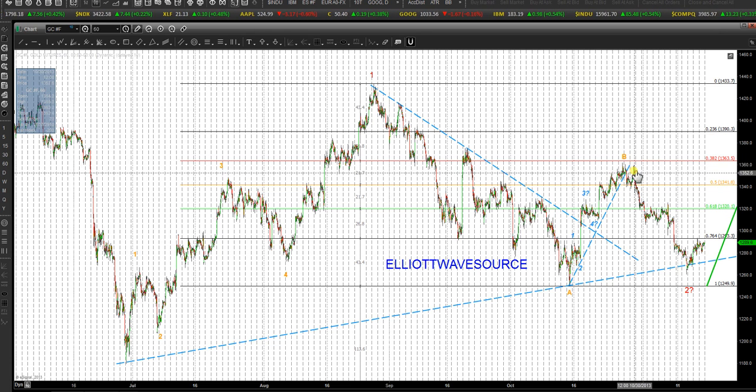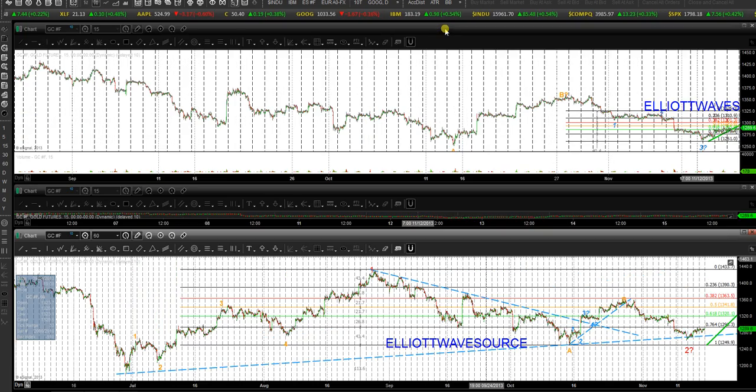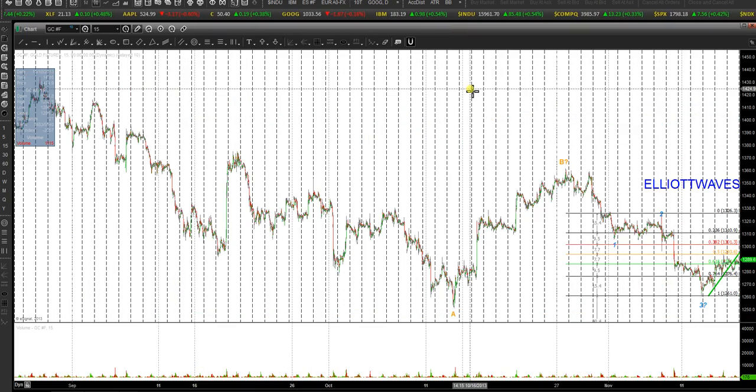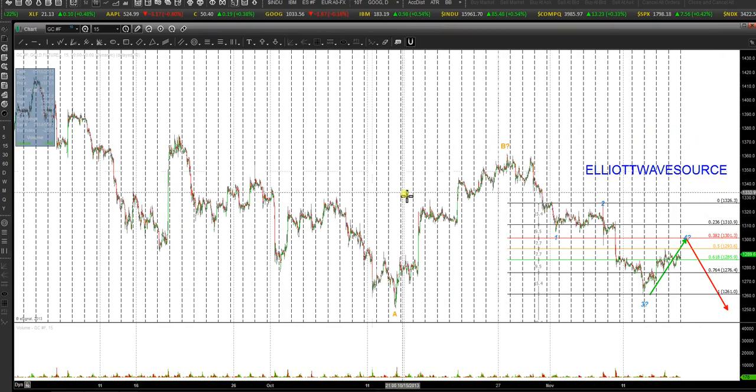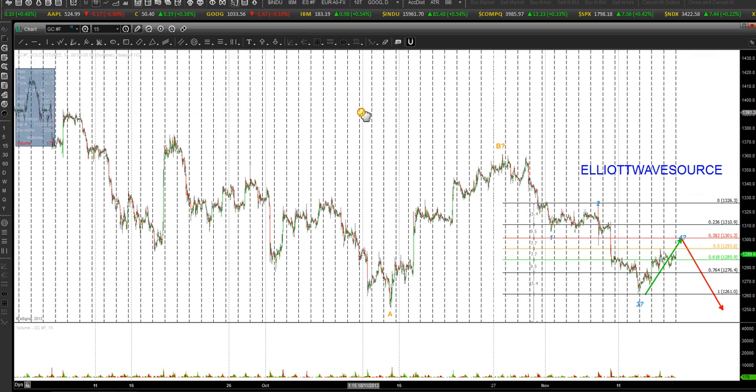So with that we anticipated that wave 2 was not over, and in that this was wave A followed by B, and then this would be our larger wave C, and it should make a double bottom and push higher, as wave C would have a 2.618% relationship with wave A.